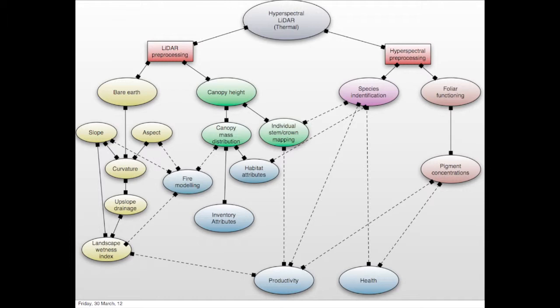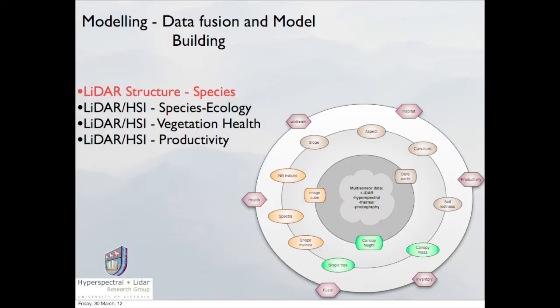These are pretty neat, and the stem mapping is so easy to do. It really is. And then from the hyperspectral processing, we do species identification, foliar functioning, and pigment concentrations, etc. So basically just a summary, same thing. All right, so what are we going to do? I'll show you some examples of what we've done with some of this now.